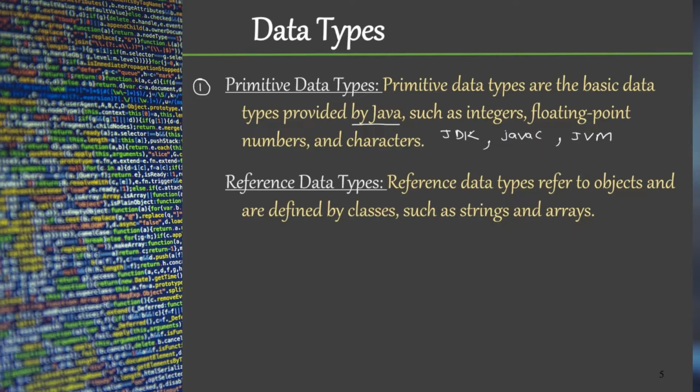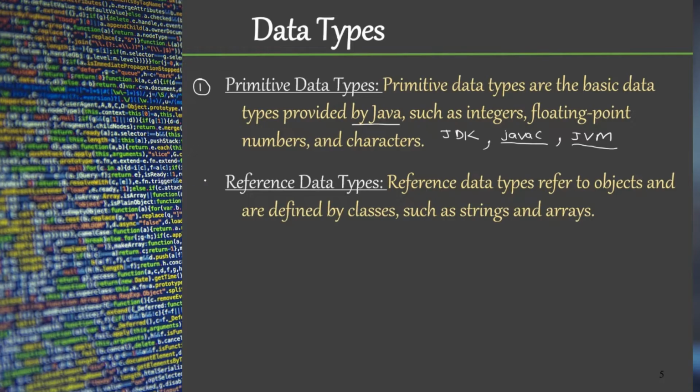Together I'm saying this is provided by the Java compiler and JVM. What does it mean? It means they are primitive, they are inbuilt. The Java compiler can directly understand these primitive data types because they are already part of the compiler, and they run directly in the JVM.